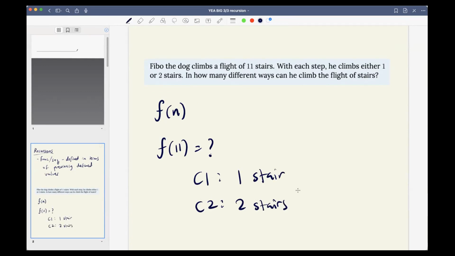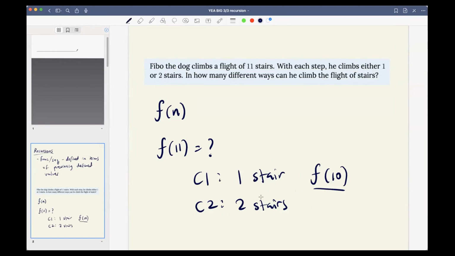If he takes one stair for the last one, then he's essentially going from the 10th step to the 11th step. So this is just the number of ways that he can get to the 10th step, and then you take one predetermined step up. So there are f(10) ways when the last step is one stair.